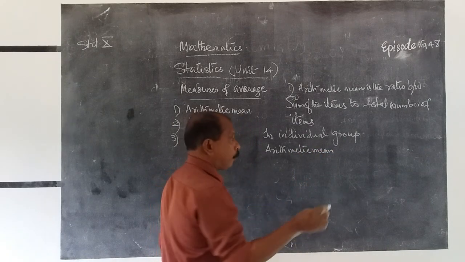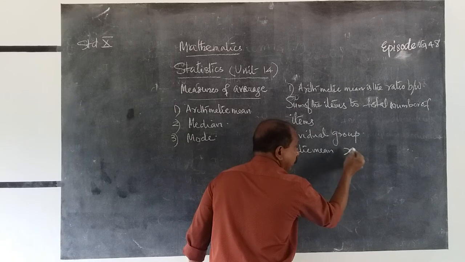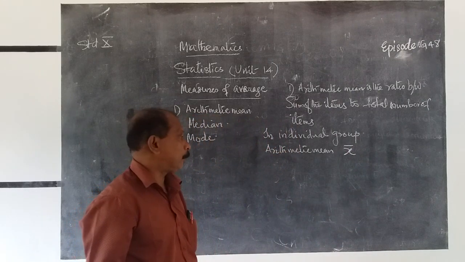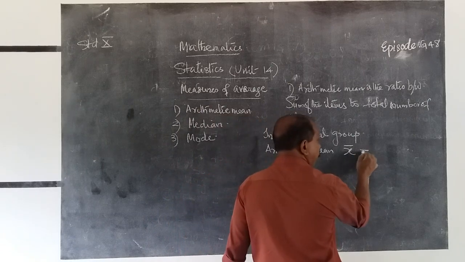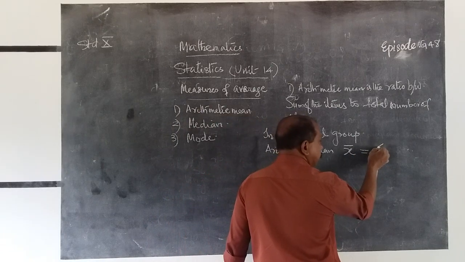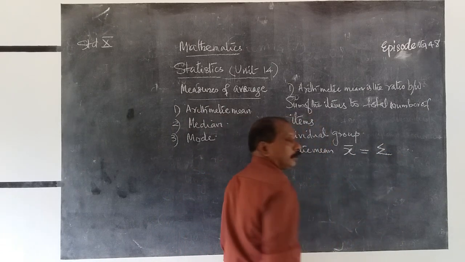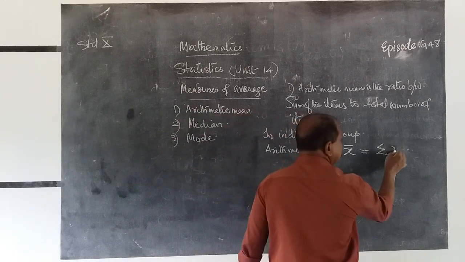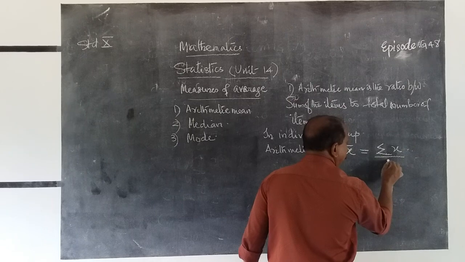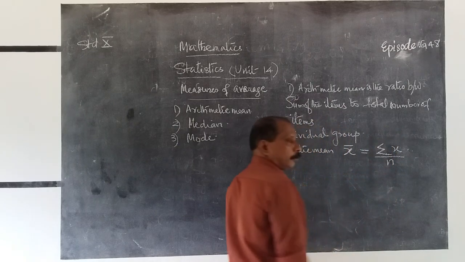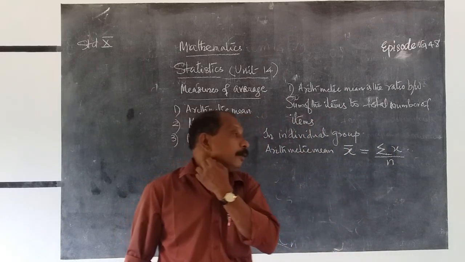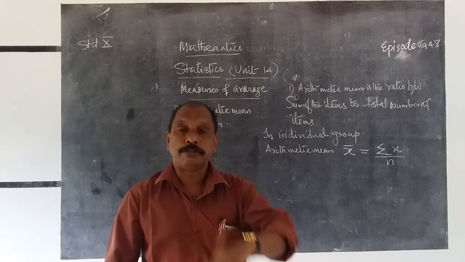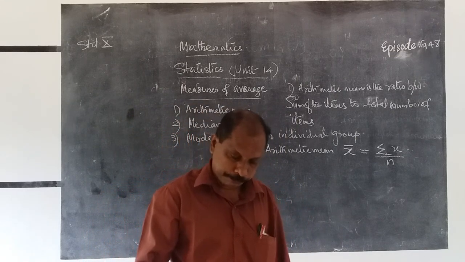Notation for that one is x bar. It is read as x bar. Arithmetic mean is equal to sum, denoted as capital sigma, sum of the items, that is sigma x by total number of items, small n. This is the formula to find out arithmetic mean in the case of individual group.